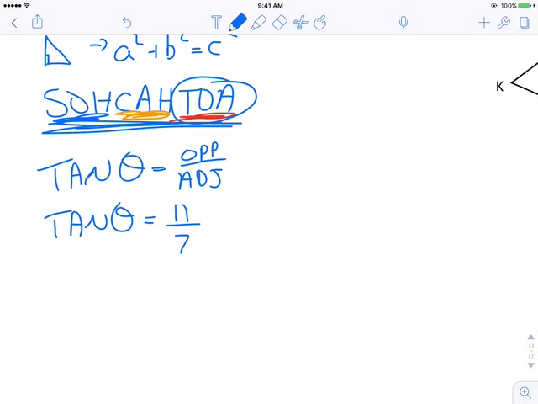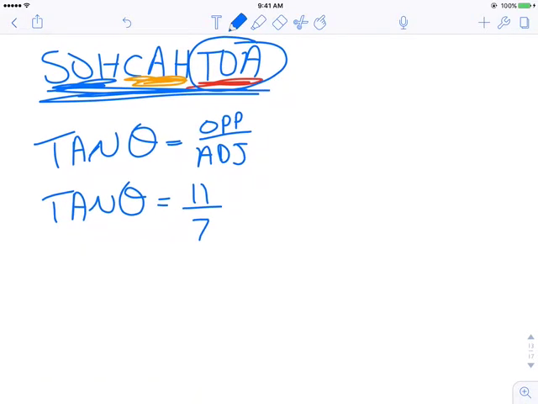Opposite side 11, adjacent side 7, and this was angle K. Now, to find K, remember that if we're looking for an angle, and you have this ugly decimal number, 1 point something, you would have to use the inverse tangent button.